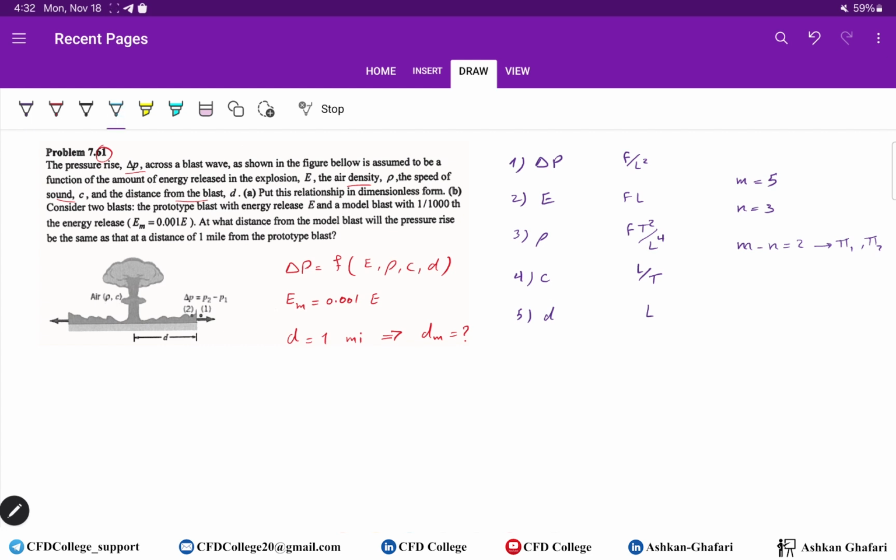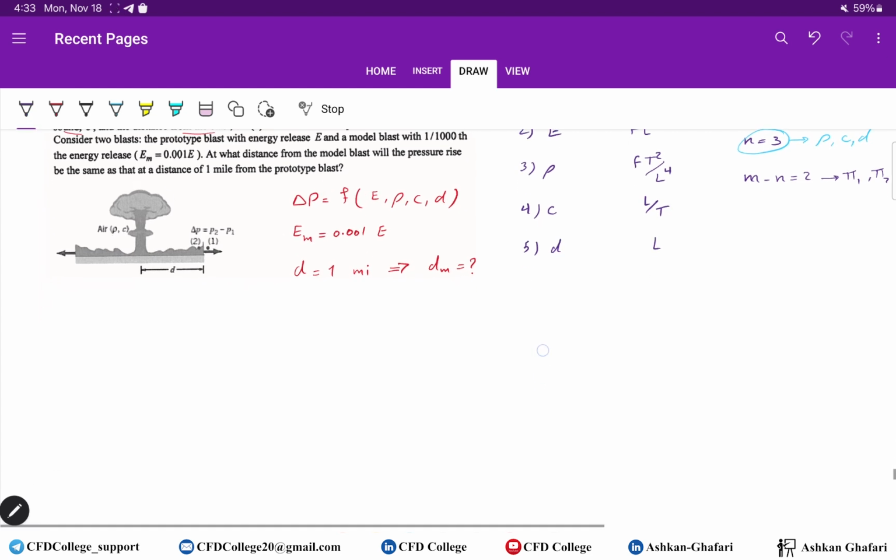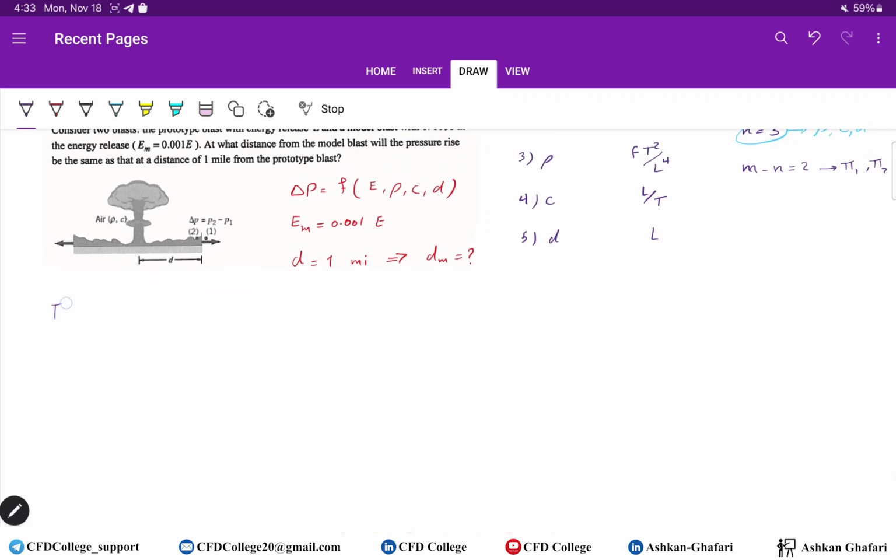So we should pick repeating quantities rho, c, and D. So pi 1 equals delta P over something. The unit is F over L square.